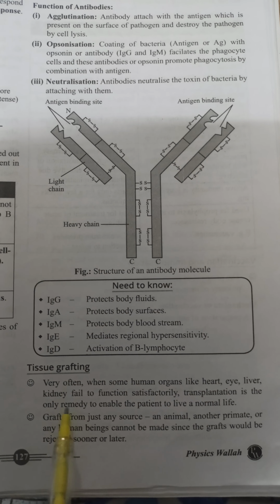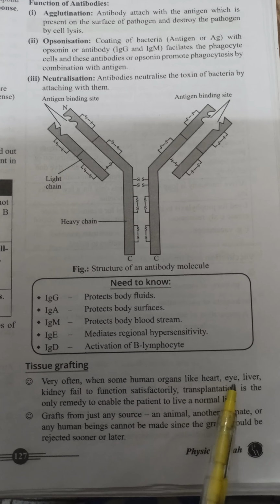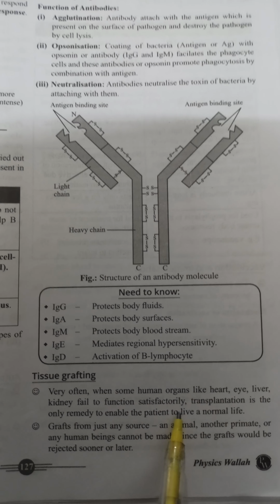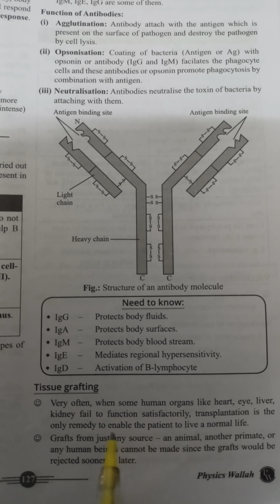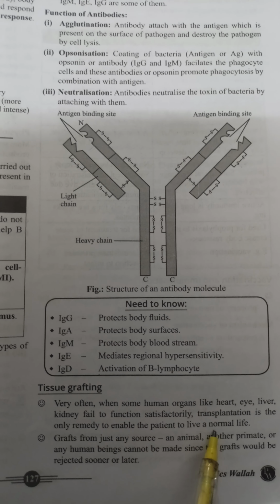Tissue grafting. Very often, whenever human organs like heart, eye, liver, kidney fail to function properly or satisfactorily, there is one procedure called transplantation. It is the only rapid way to replace that organ or enable the patient to live a normal life.